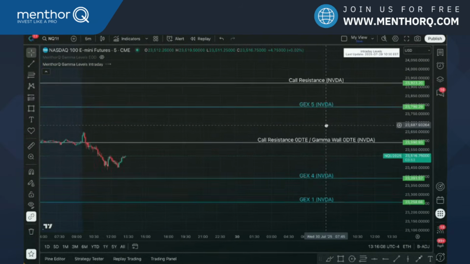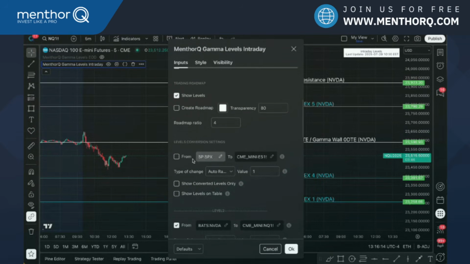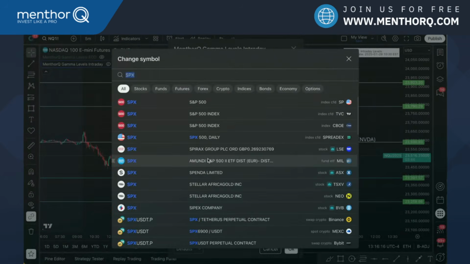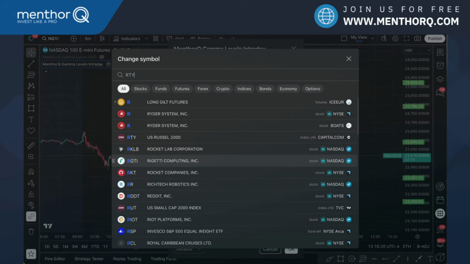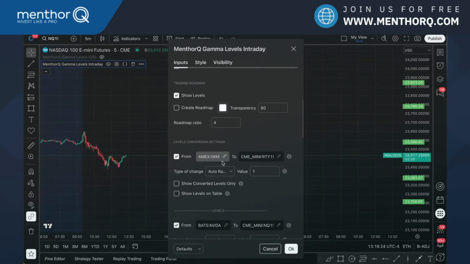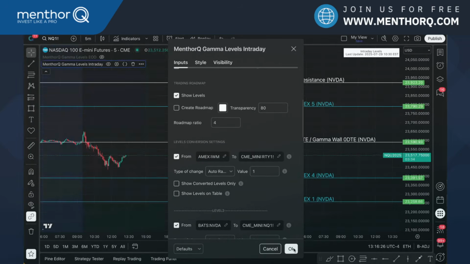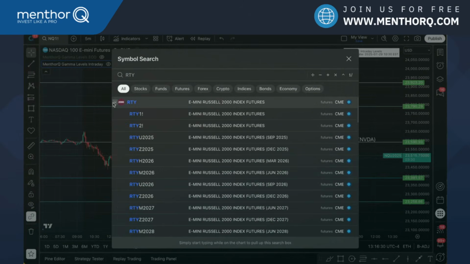But let's say that we wanted to do other conversions. Let's say that we want to convert, for example, intraday IWM levels, which is the Russell, onto RTY. Simply tick the box, select the ratio there, and then we can go onto RTY.